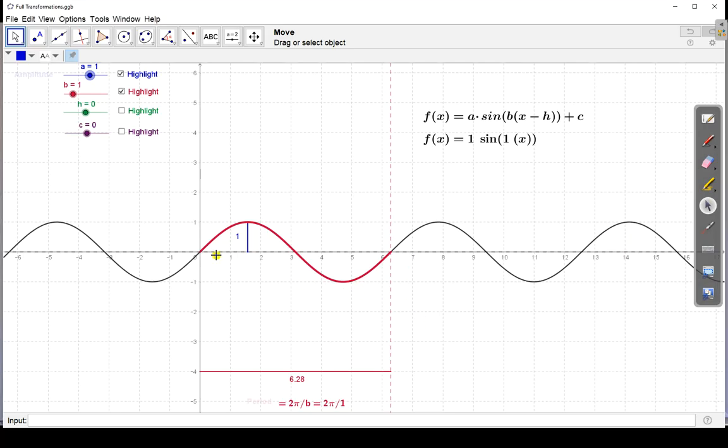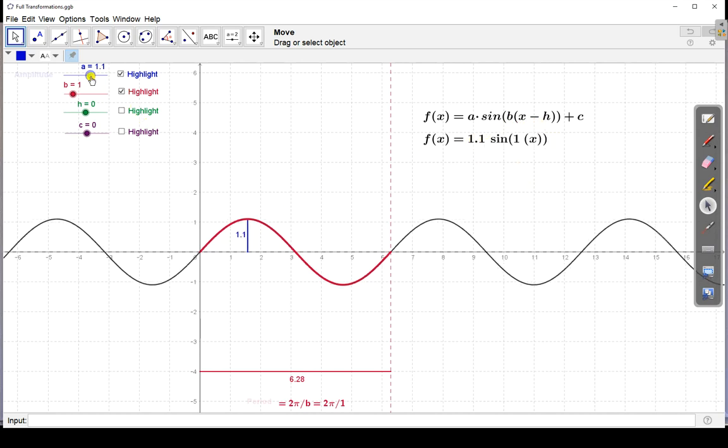So here I have a sine wave, and you can see my equation over here. It's got an a value. Right now the a value is 1, and it's got a c value. Right now the c value is 0, and so plus 0 doesn't change anything. There are numbers on the inside, and we will change those later. But first the amplitude. If I make this number bigger, it will vertically stretch my graph.